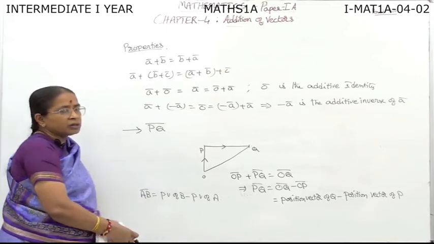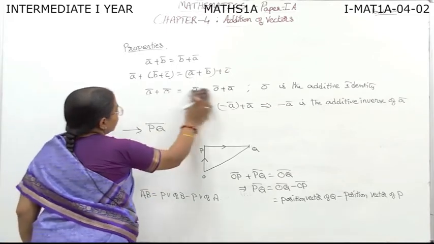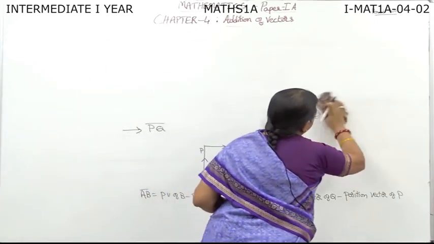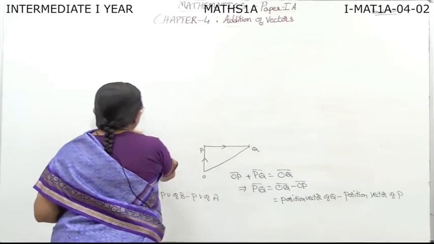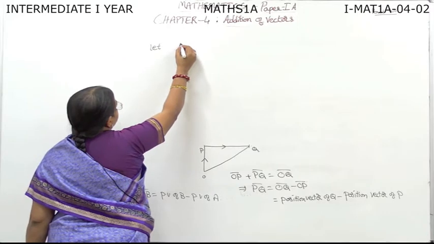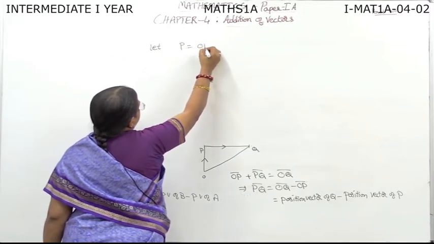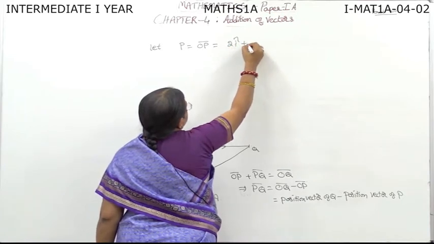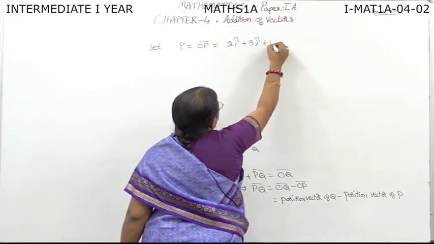Now this concept you should understand without any confusion. So the general thing is like this. Now see, suppose that you have a point P. OP vector is given by some 2i plus 3j plus 4k.